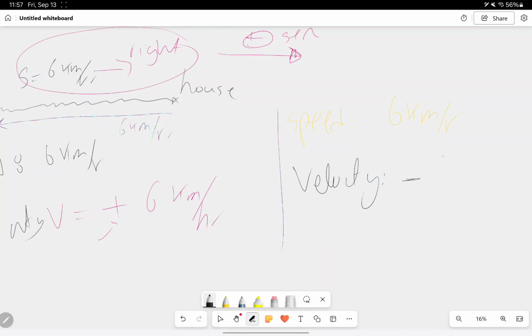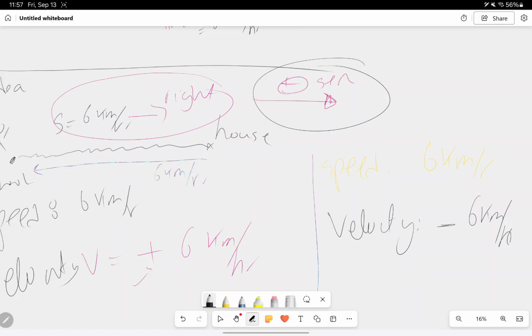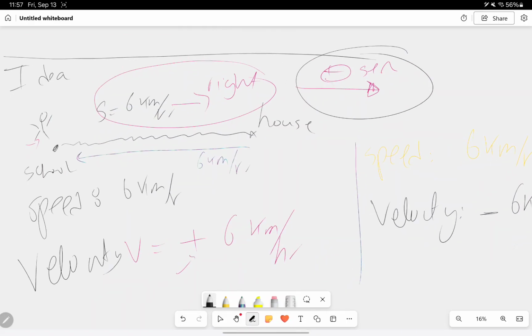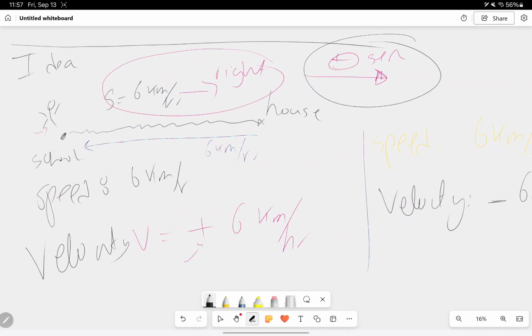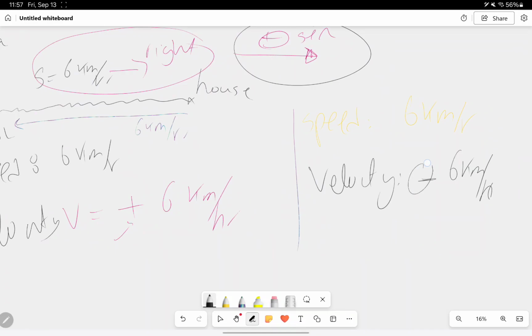Velocity is going to be minus 6 kilometers per hour. Why? Because over here I supposed everything moved to the right is positive. But since this guy moved from house to the school, opposite to the direction I chose, and you can choose whichever you want, minus represents just the opposite direction.